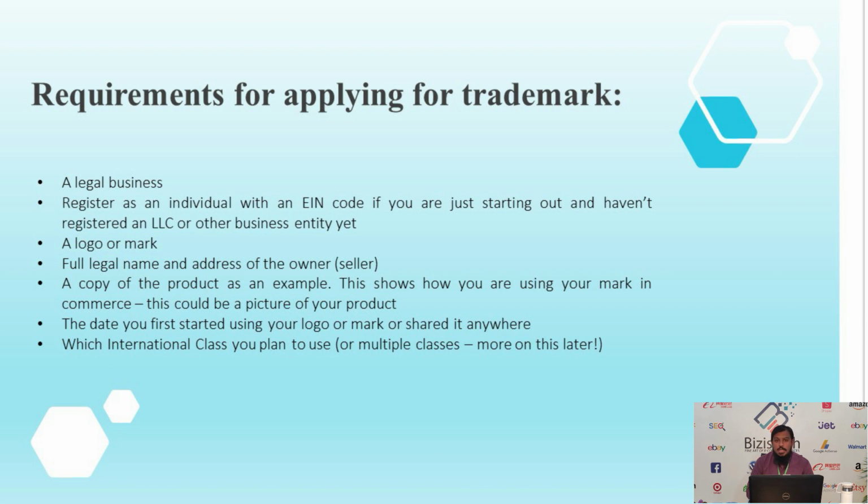They are registering the trademark now, but they are already using it in e-commerce. So they have to provide a picture of a product where their trademark appears, and they also have to give the first date they started using the mark. And the last requirement is that you have to select one international class, or in other words, one category in which your product falls.